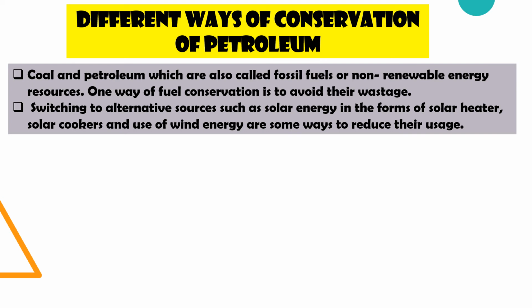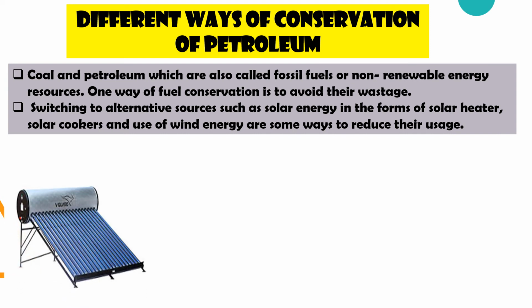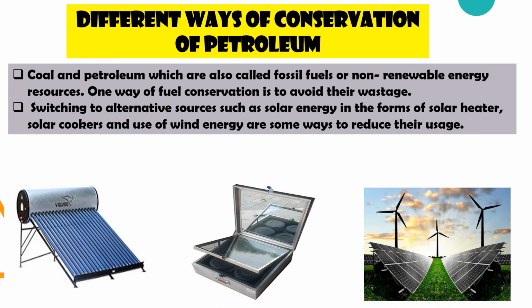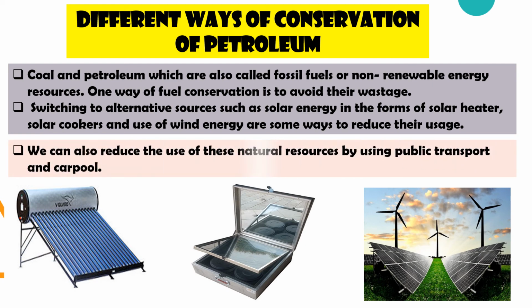Switching to alternative sources such as solar energy in the forms of solar heater, solar cooker, and use of wind energy are some ways to reduce their usage. We can also reduce the use of these natural resources by using public transport and carpool.